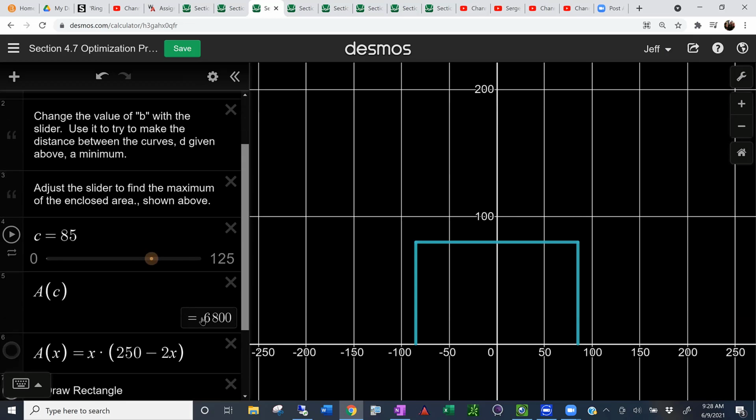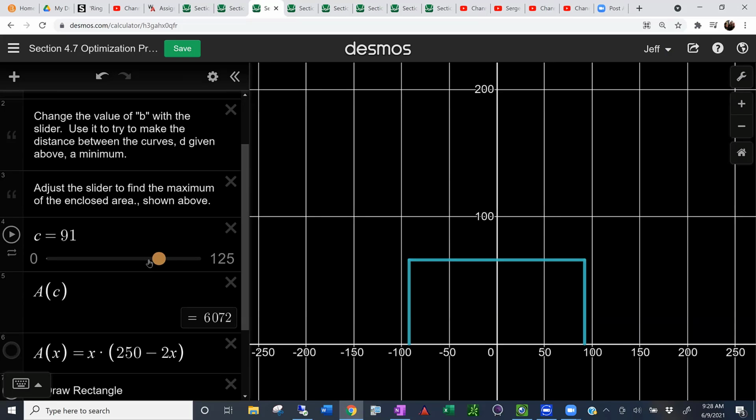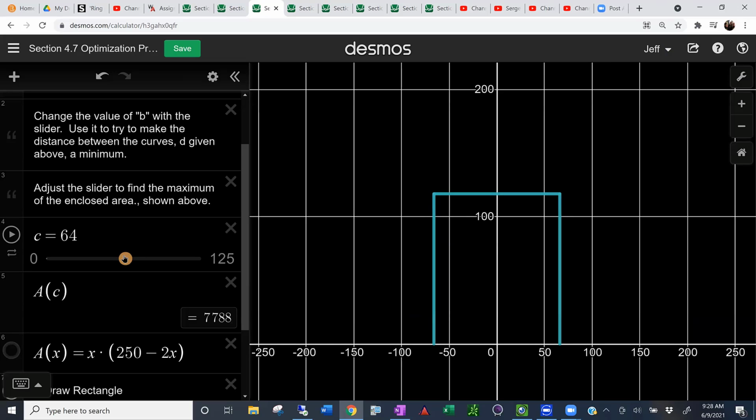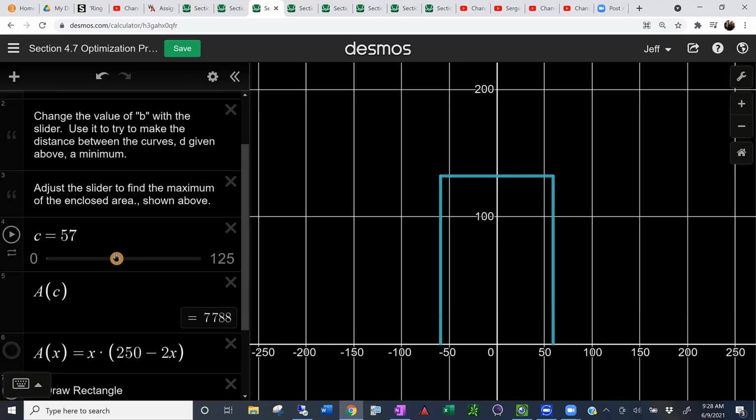Now, kind of like the last one, you can get close to the right answer with this little function here. All I did is define the area as the length of the sides multiplied together. And let's see, how big can I get this? 7,500, 78.